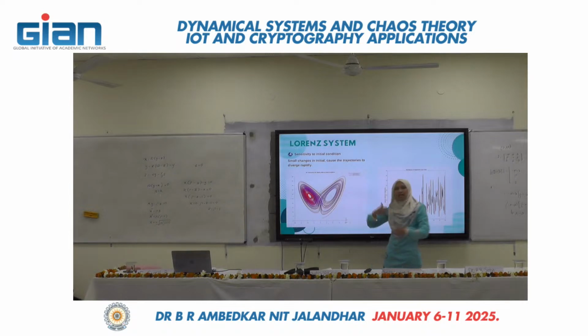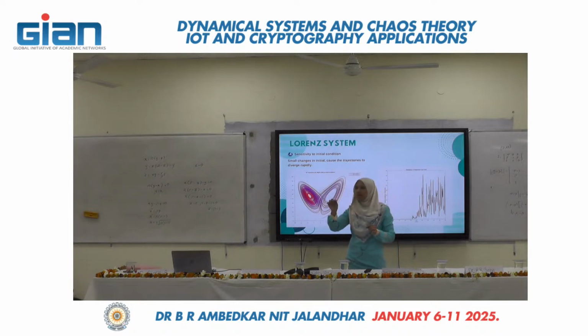Okay, it's still in butterfly shape, but for each point there will be a very, very vast difference. Even though we start with a very small difference, which is 0.001, if you take another point over time, the result will not be the same.